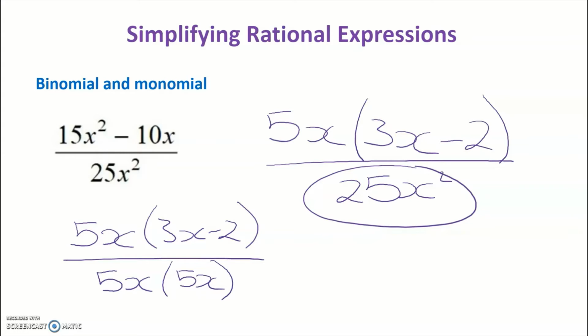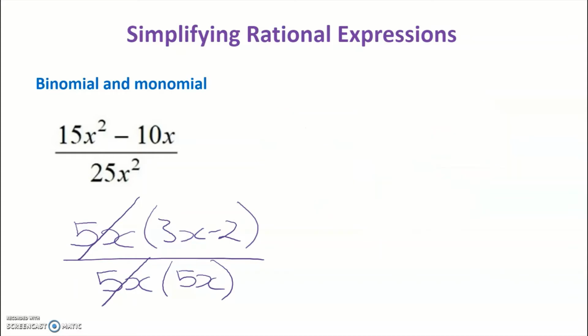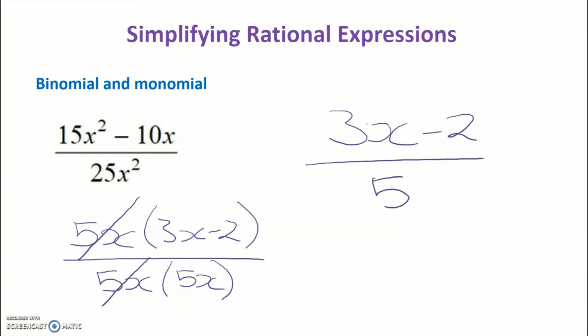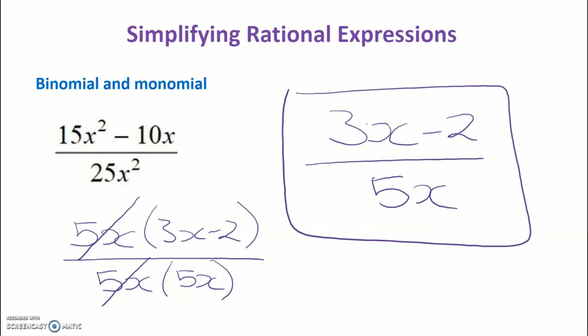Now we can see that they both have 5x in common, which means they can be cancelled out the same as you do with a fraction. So now what you are left with is 3x minus 2 in the numerator and 5x in the denominator, and you can see that we no longer have any common factors, so this is your simplified rational expression from your original.